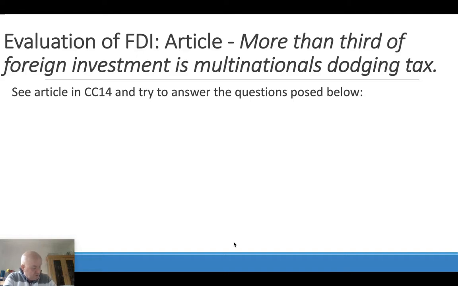The article covering page 21 and moving over onto page 22 is something that I'd like you to take a look at and have a go at answering. So that article is highlighting some of the issues around that and also some of the potential ways in which that might be addressed. So that's something that you can take a look at for me.